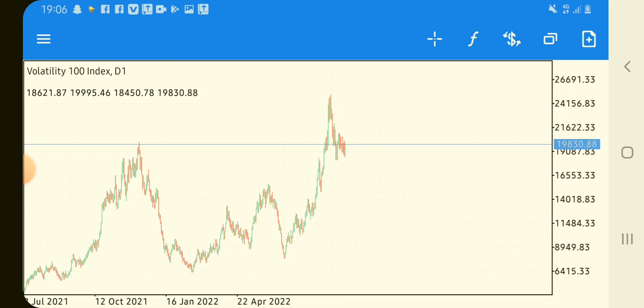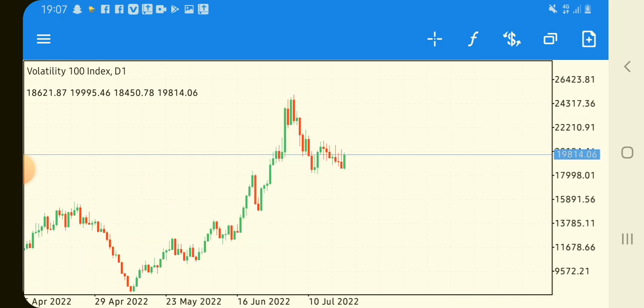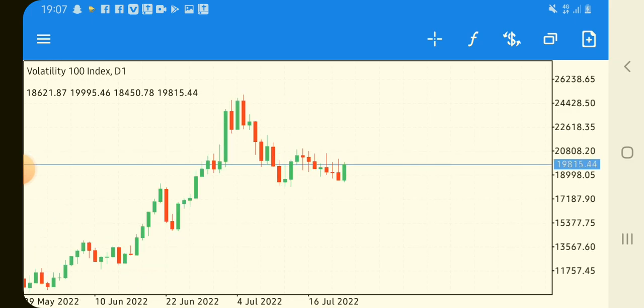So here, to identify our market structure, we can see that the market was moving in a bullish direction, and then it started going down again and started consolidating currently, but we're in a daily time frame. So what we can do is zoom out with our two fingers just to see what's going on.